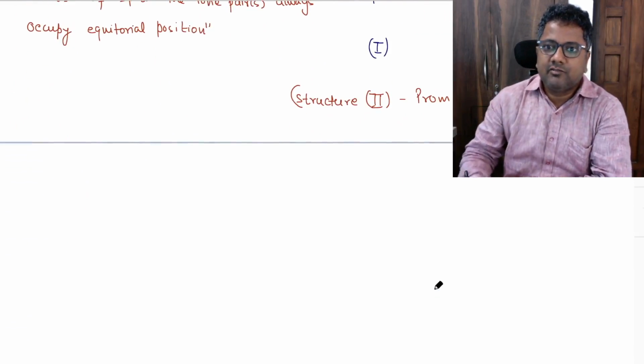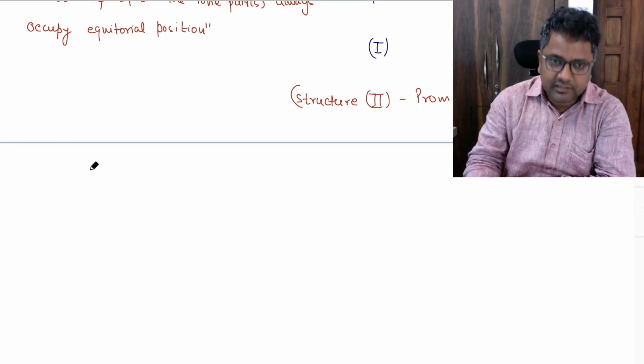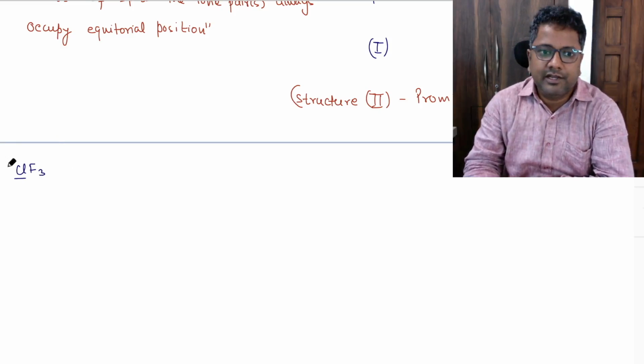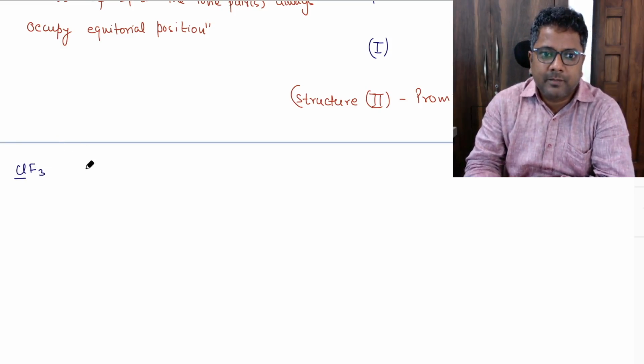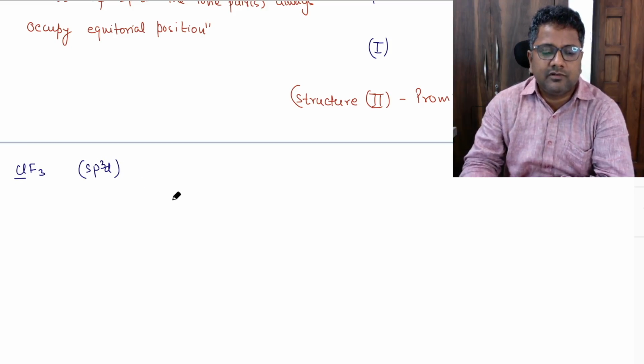Now see another molecule, ClF3. You can calculate what the hybridization is here. The hybridization is sp3d. All of you are now equipped to calculate.